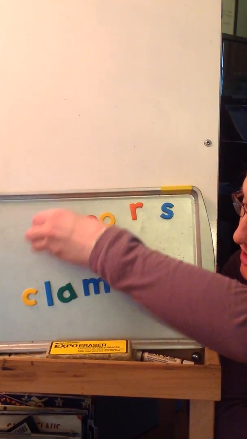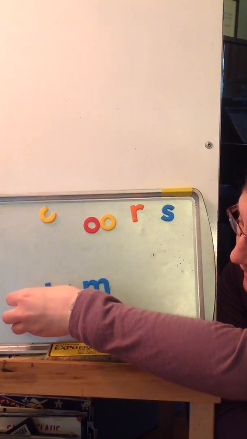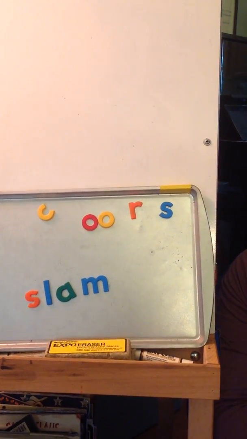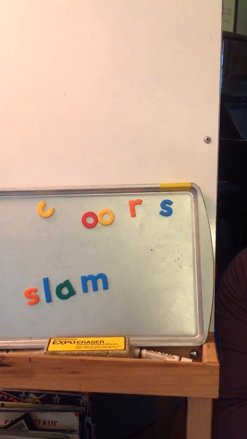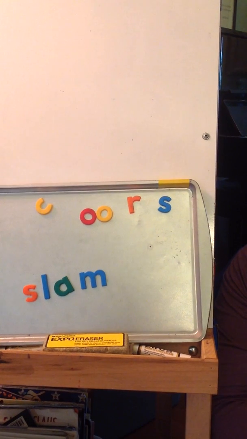Next, I'm going to change the C to an S, and I'm going to make the word slam. If you don't have slam, you can add it to your list.